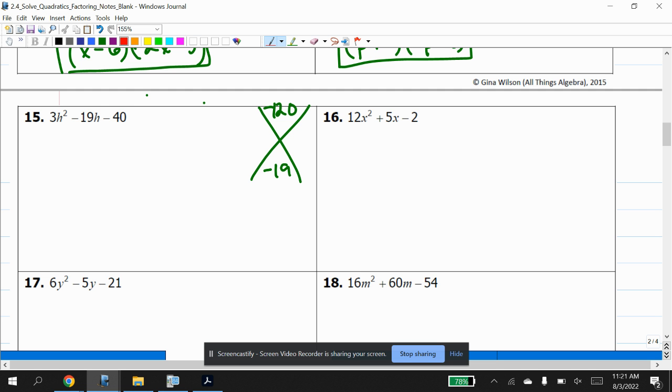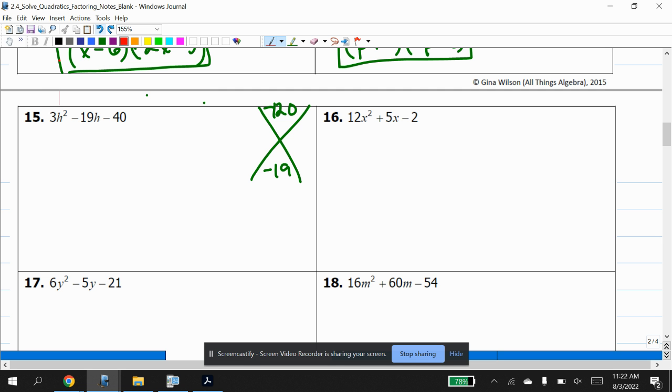So we need numbers that multiply to be negative 120 and add to be negative 19. Negative 17 and negative 2? Negative 17 times negative 2 would be positive 34, nowhere close to negative 120. Sorry. We want to multiply to be a negative and add to be a negative. So what do we know about our answers? One's positive, one's negative.